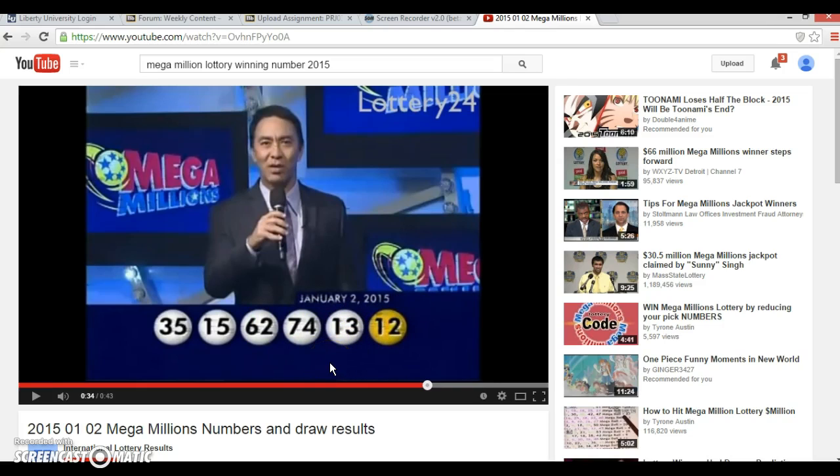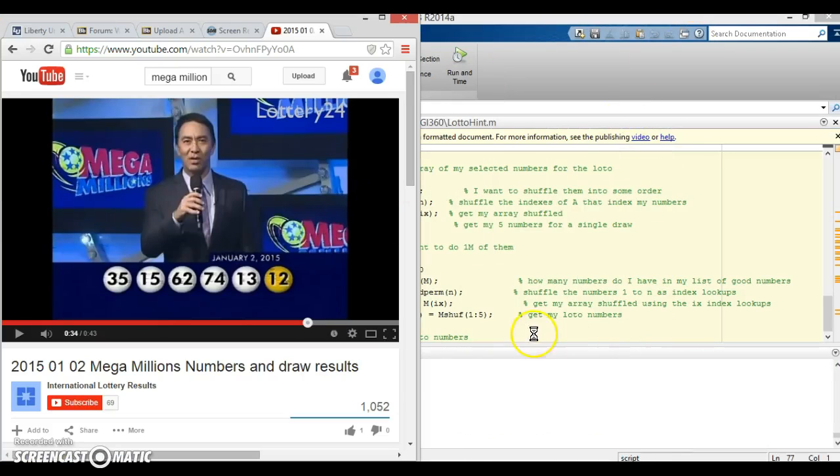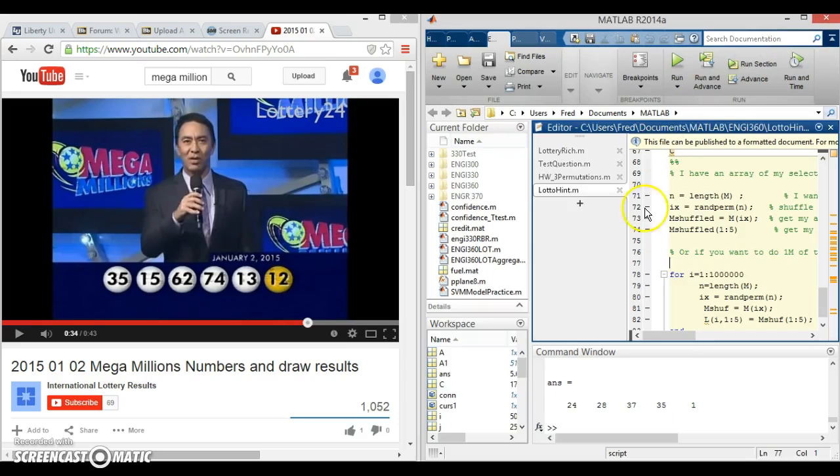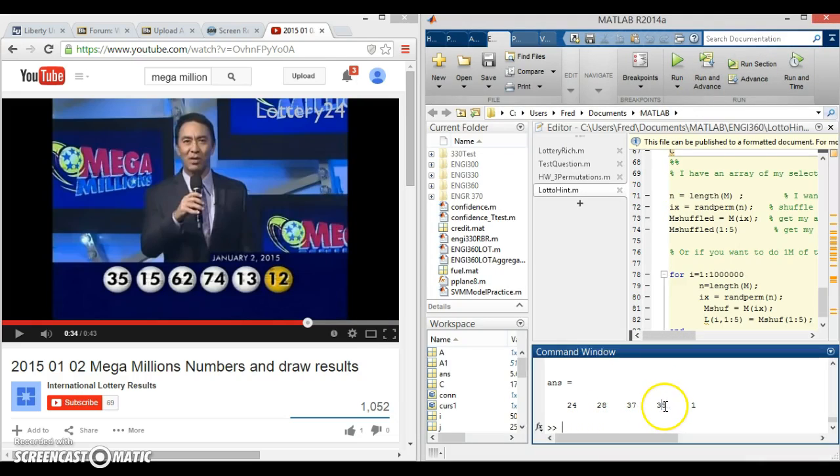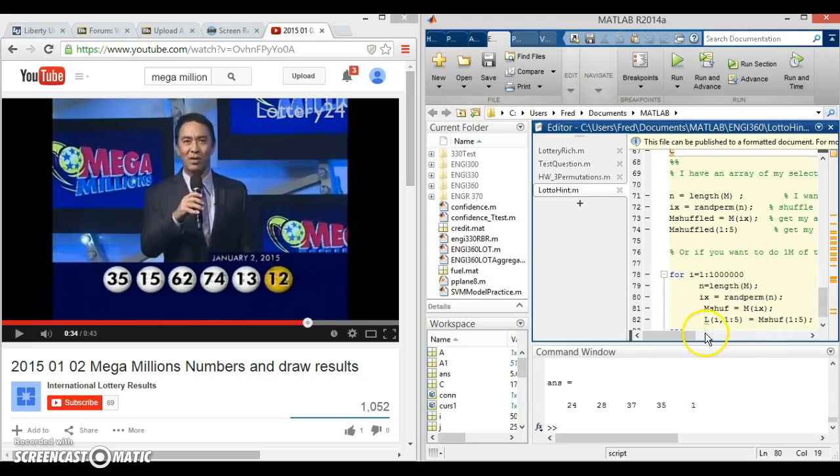Now we didn't win, obviously, but let's see if we actually did attain any of the correct numbers. So we can pull this over here so we can compare. 35, we got correct. But it looks like that was the only one. And we didn't select our Mega Ball one because that was not part of the formulation that we had in here.